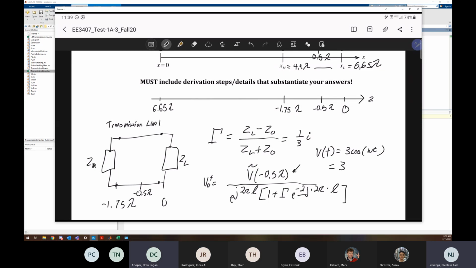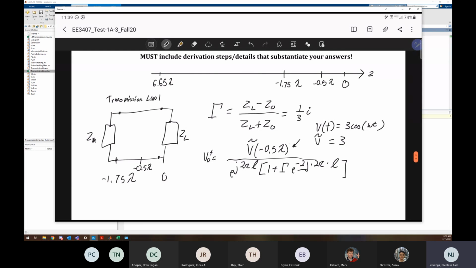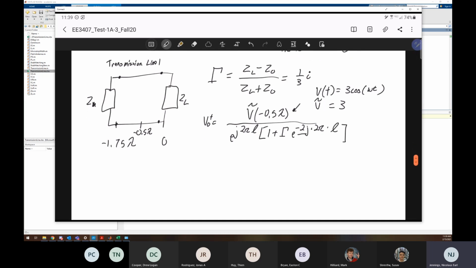Correct. Yep, it is just 3 in phasor form. Okay, and so now that we have this voltage at this location in phasor form, and we're solving for V naught plus, which is also a phasor, we can then solve for V naught plus. I think you should be able to solve this pretty easily in your calculators. If you want to, you can solve it right now.